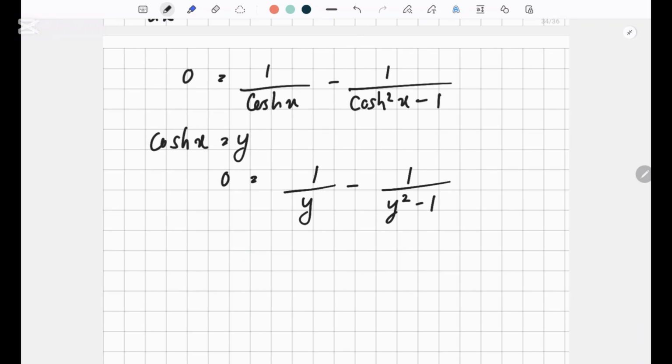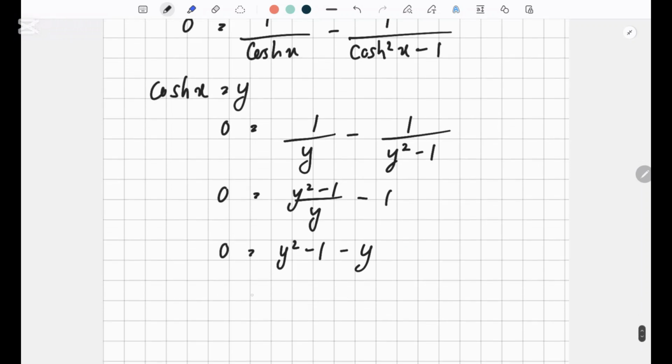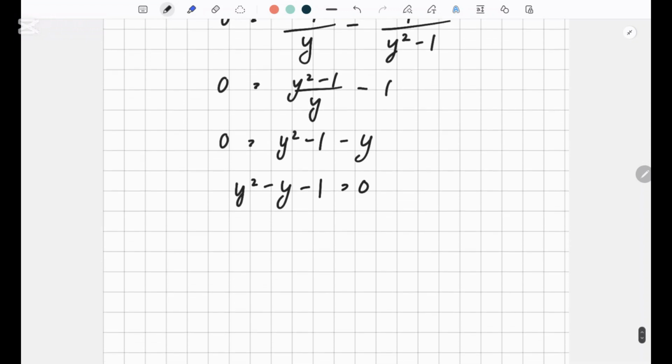So now let's multiply everything with the denominators. So you get 0 over y squared minus 1 over y minus 1. Now I'm going to multiply everything with y. So you get y squared minus y minus 1 equals 0. For this, we'll use y equals minus b plus or minus root b squared minus 4ac over 2a.